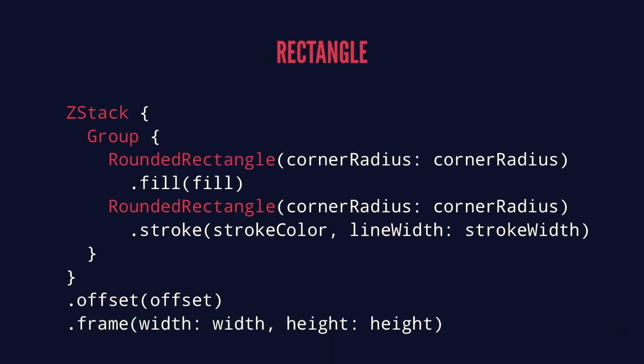We're then offsetting it by the required amount. So with the rectangle, we get X and Y as attributes, and that's the offset from 0, 0 to the point where we want to start drawing. Again, we also get a width and a height that we can then use to draw this element.